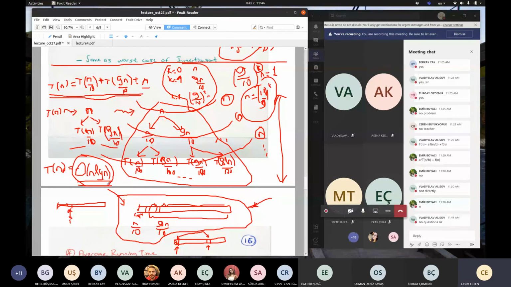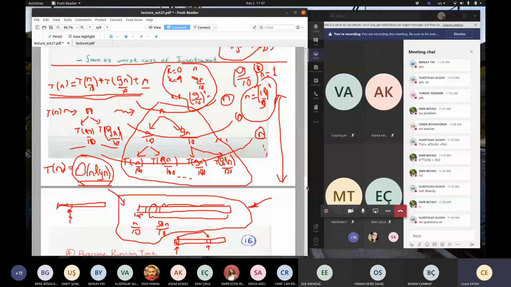This should give us an intuition that the average case or the expected running time of the randomized quicksort algorithm should also be n log n, because even if bad cases arise, quicksort doesn't have a bad running time.